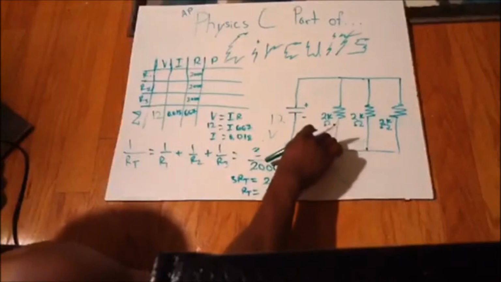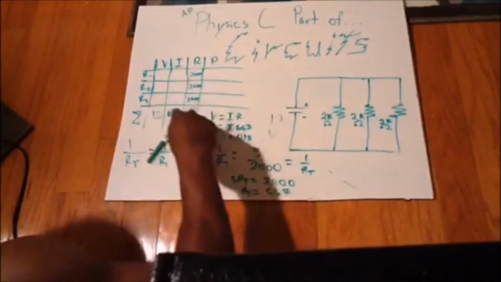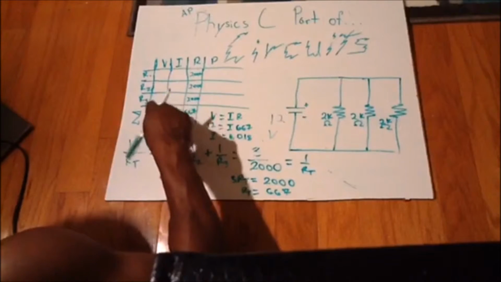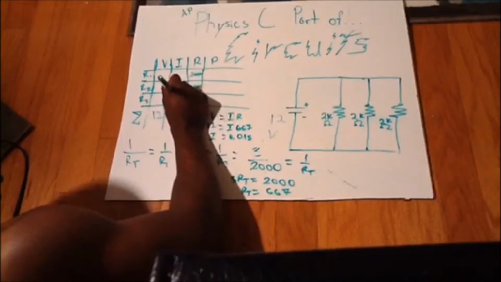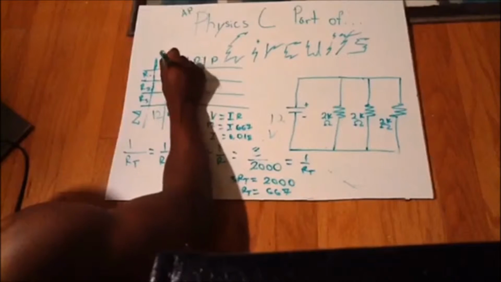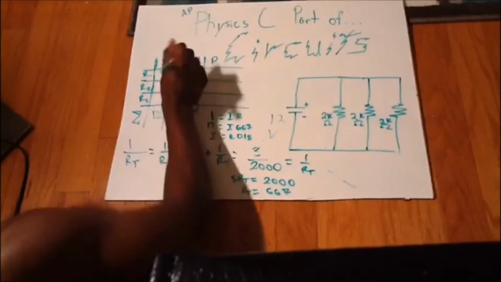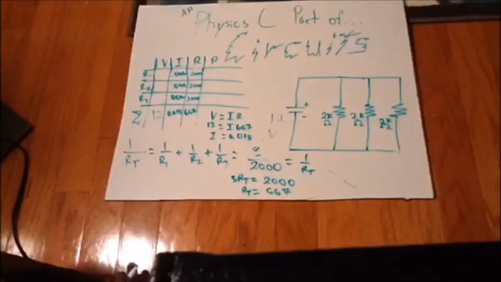But since there are 3 resistors all of the same resistance, the current will be split 3 ways evenly. So this will be 0.006, 0.006, and 0.006.